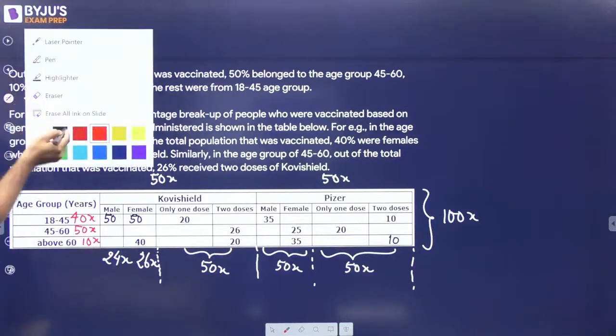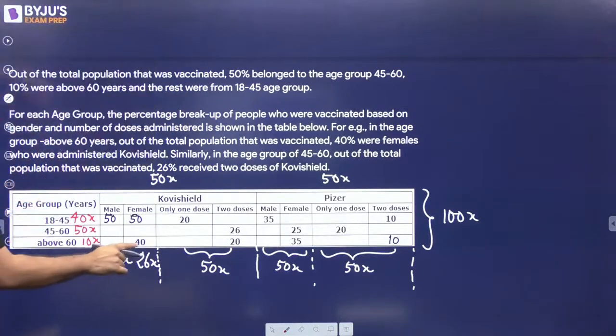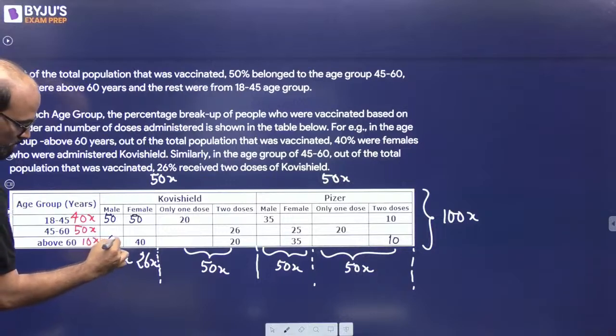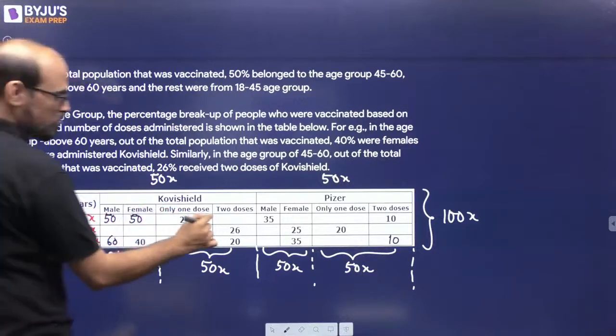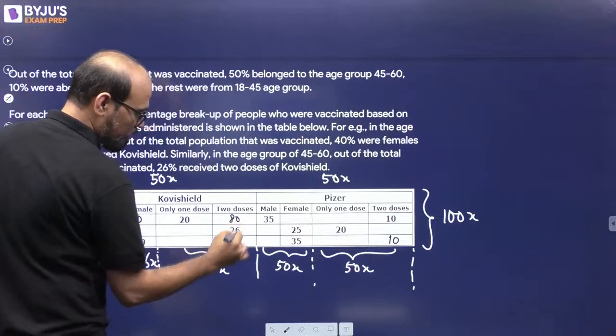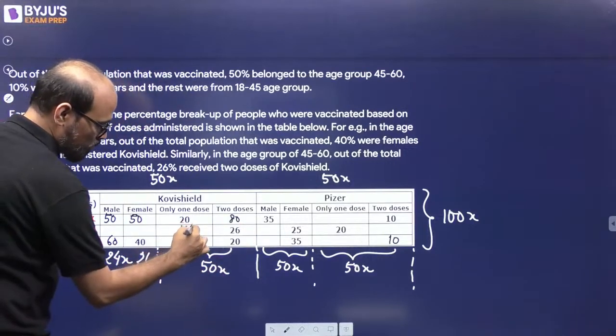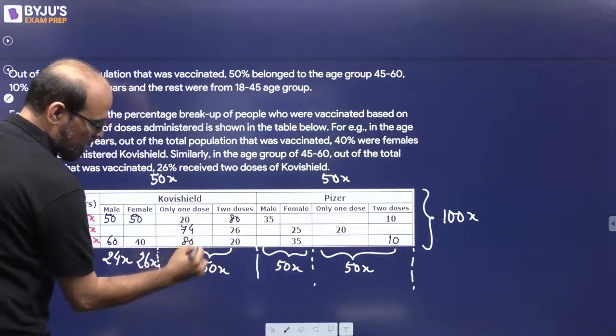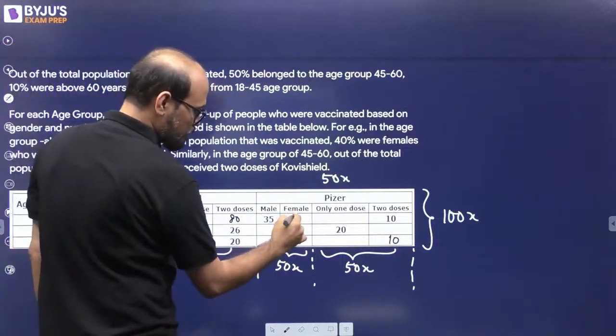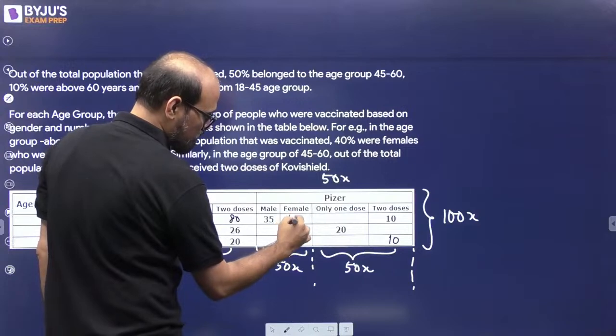So what we do is cover the remaining percentages. This is 40, so this is going to be 60, right? It will be 100 everywhere. This is 20, so 2 doses would be 80. This is 26, so the remaining will be 74. This is 20, so this is going to be 80. This is 35, so this is going to be 65.